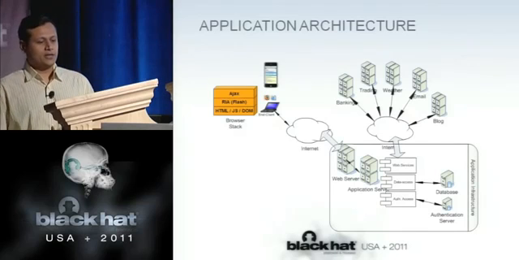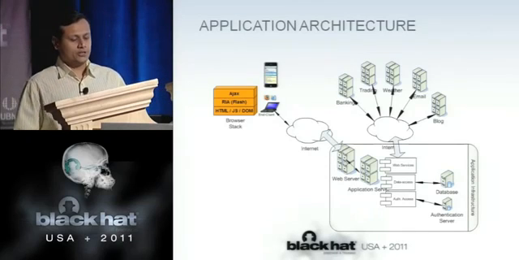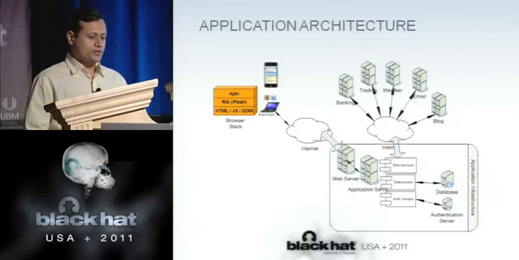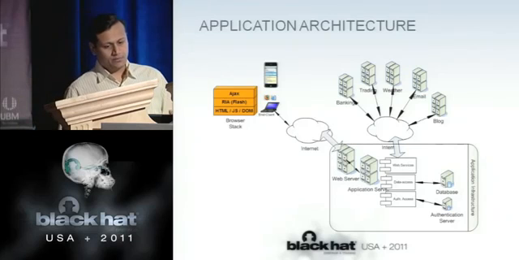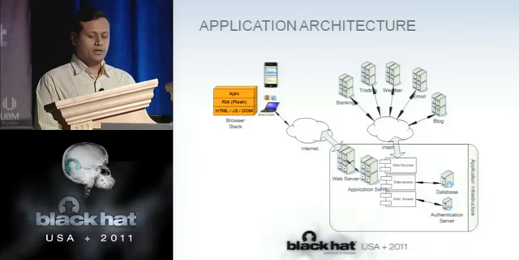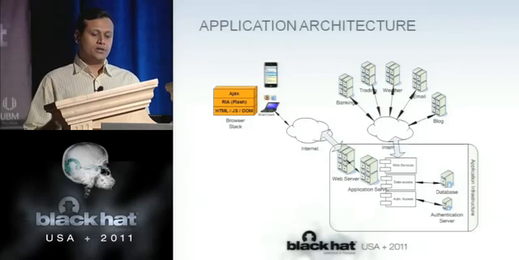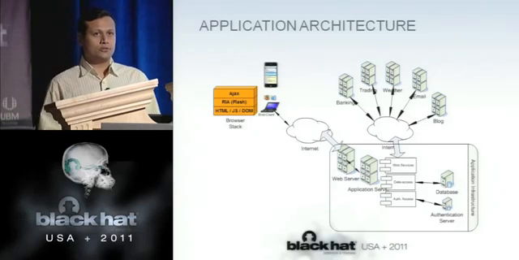So application architecture, if you look at it, for 2.0 or next generation applications is changing. What we have here is a browser running Ajax, Flash, HTML, JS, which will make a call to your web server, which will make a call to your application server. And then what you have are thin layers like web services, data access, and authentication, which will fetch the information locally from the server.